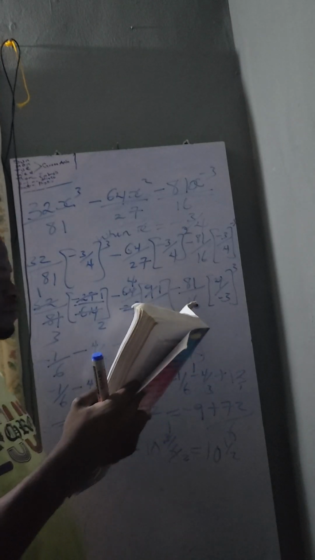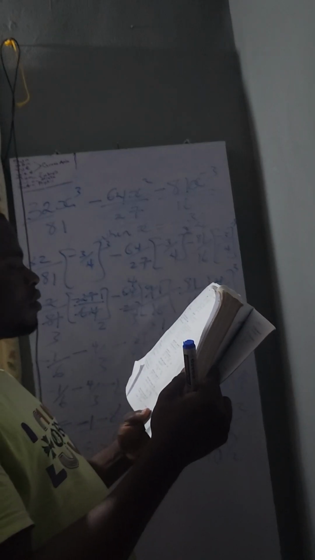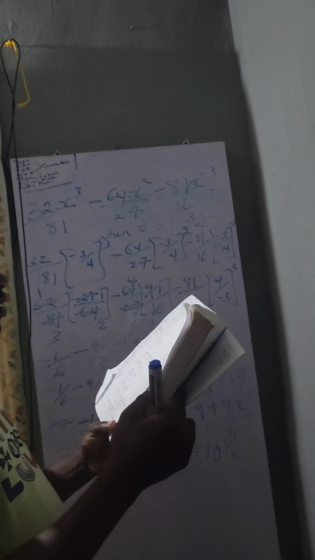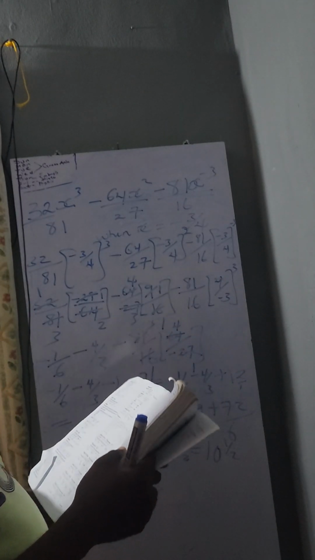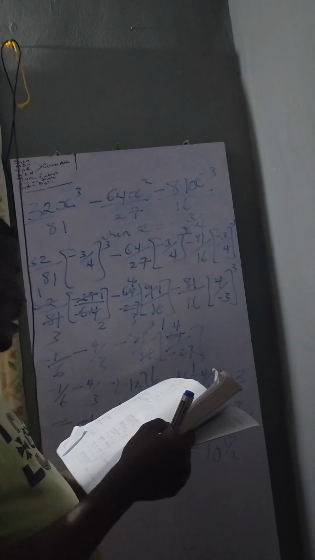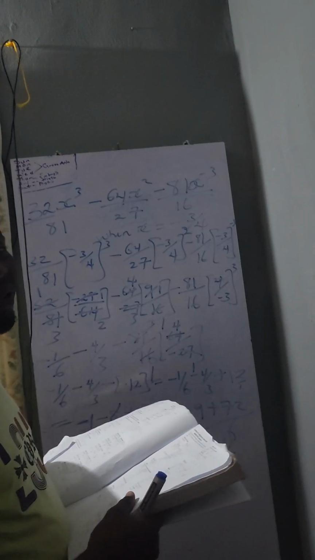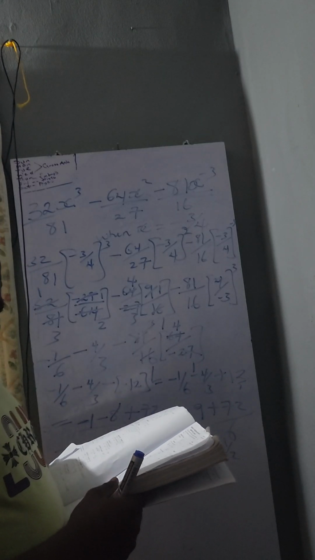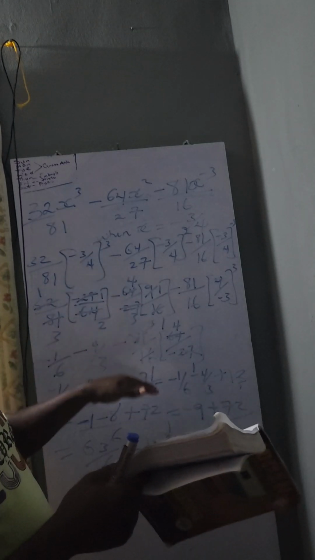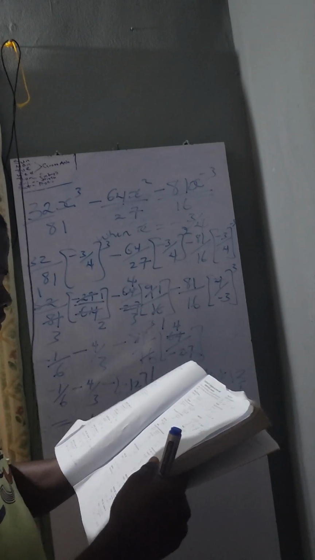Find the value of m plus n. The answer you have to get there should be 3. If you have any question, probably I might be doing another video for the correction of all this.